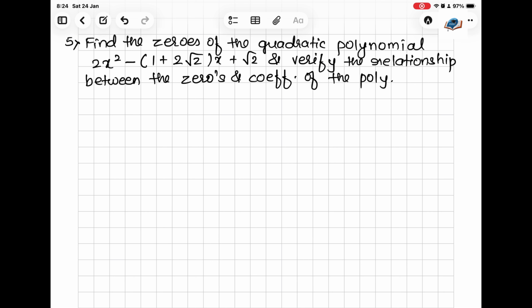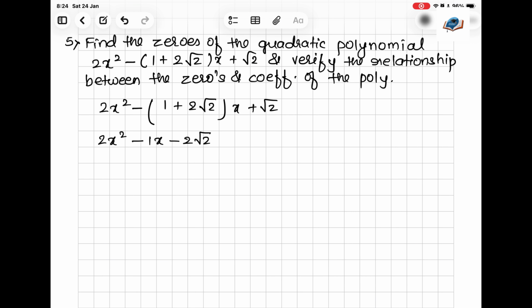So here 2x square minus (1 plus 2 root 2)x plus root 2. If I open it, I will get 2x square minus 1x minus 2 root 2x plus root 2 equal to 0.